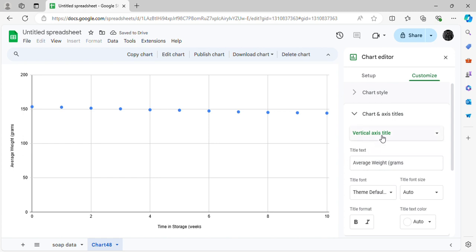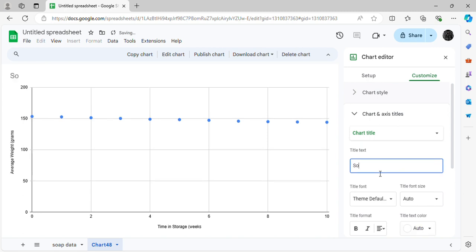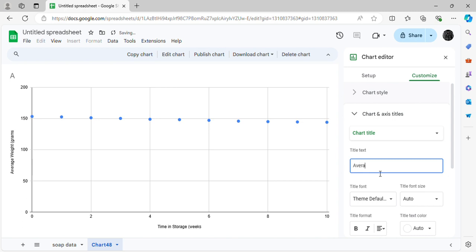And for the chart title, type the title text, average soap weight versus storage time.